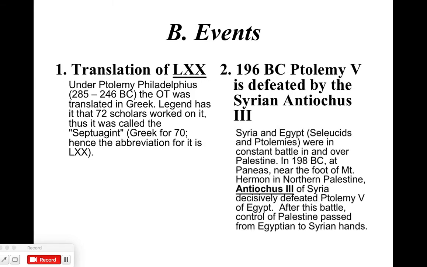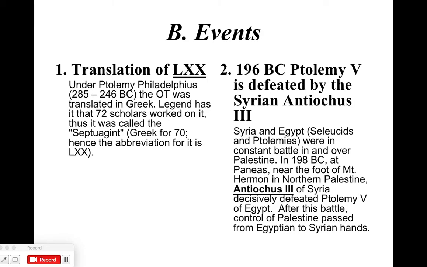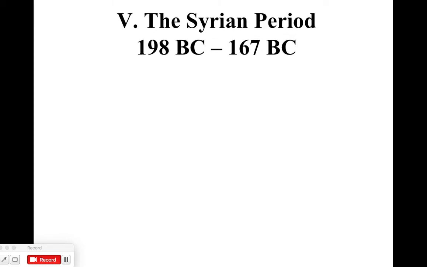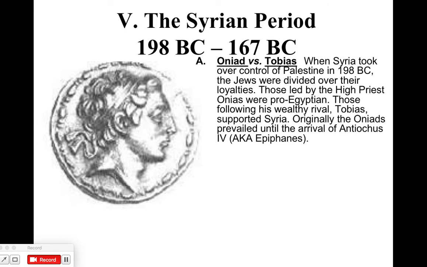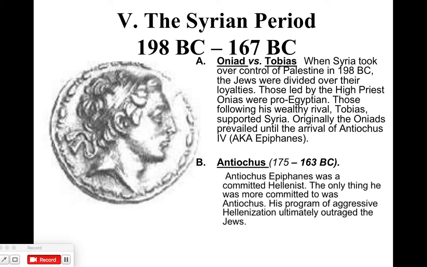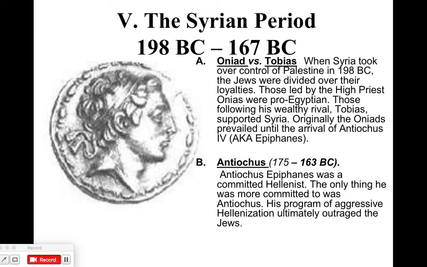And after he is defeated by Antiochus III from Syria, we begin the Syrian period. And again, we are moving kind of quickly. Under the Syrians, they take control of this region.